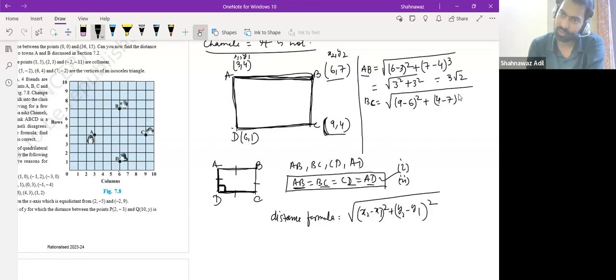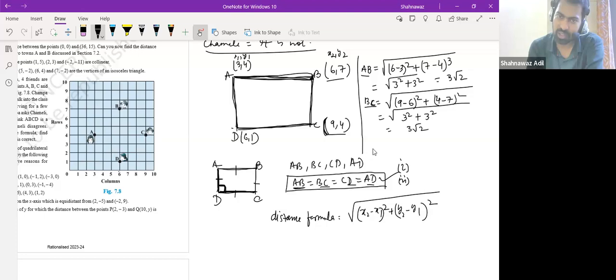Yes, correct, absolutely. So this would be again 3 square plus 3 square. This would be actually minus 3 square, but that is also positive. So again, 3 root 2. So this is BC.